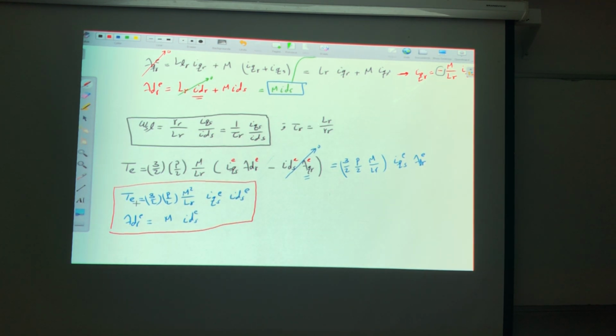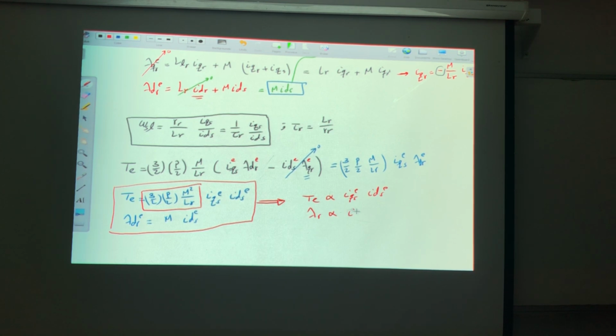Why am I putting it in the box? See the beauty of the reference frame theory. Now the torque is proportional with what? The stator currents IQSE and IDSE. Why? All of the rest are constant. And the flux is proportional with what?